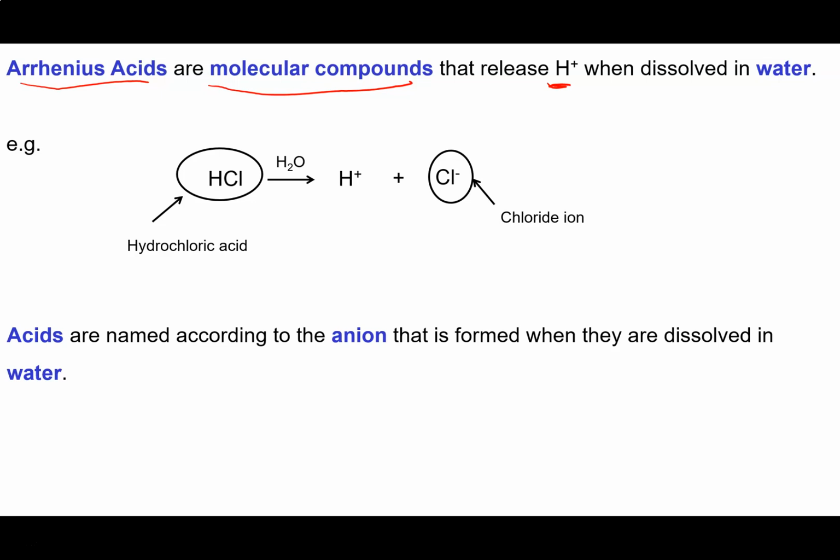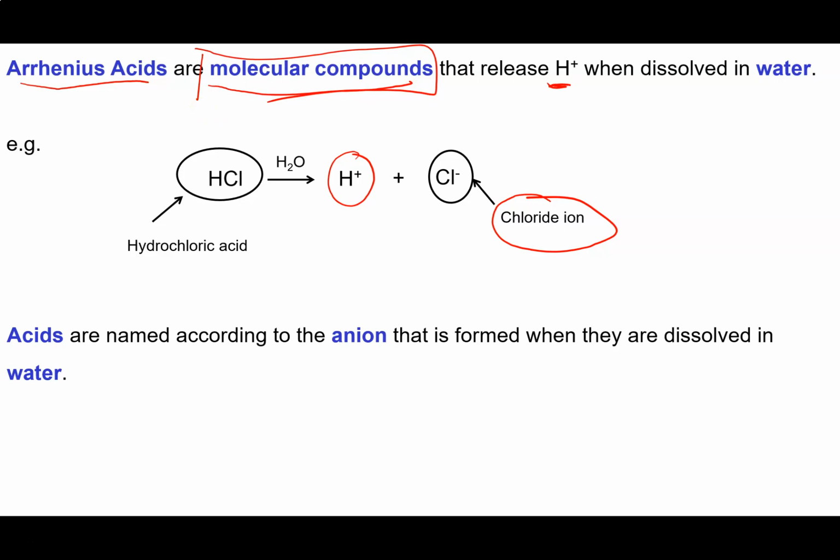So, for example, hydrochloric acid, a very famous acid, when dissolved in water, forms hydrogen ions and the chloride ion. As I mentioned, this class of compounds has a different naming scheme from all other molecular compounds, and we have to learn that naming scheme.